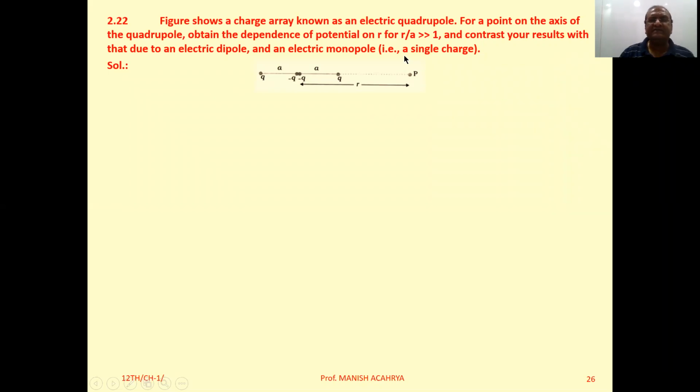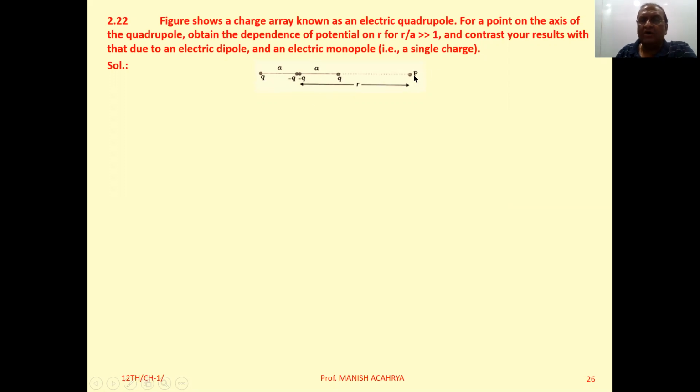It implies a single charge. A quadrupole is an arrangement in which two dipoles are arranged back to back. Say here this plus q charge, this minus q charge is one dipole. Then another dipole with minus q charge and plus q charge is arranged as shown in the figure. Then this is called a quadrupole.